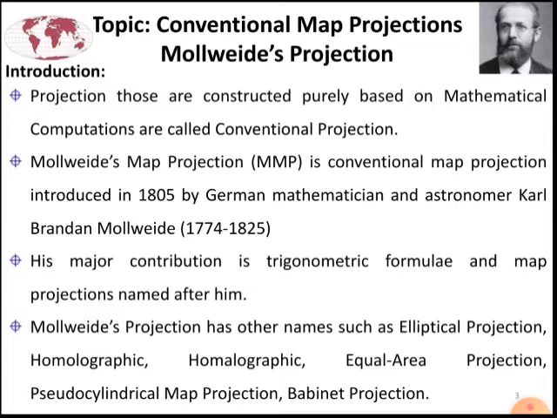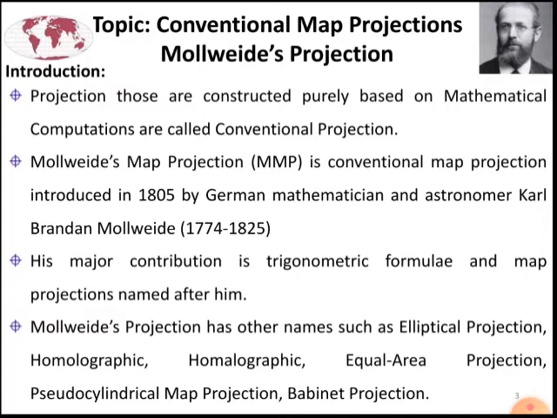This projection was coined or introduced in 1805 by the German mathematician and astronomer Karl Brandan Mollweide, whose life span was 1774 to 1825. His major contributions are the trigonometrical formula and the map projection, which is named after him.